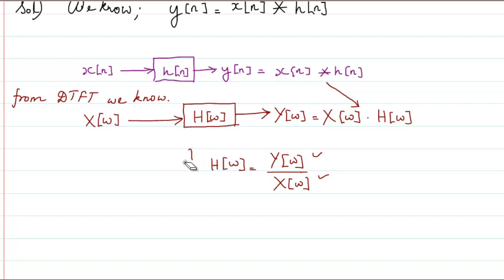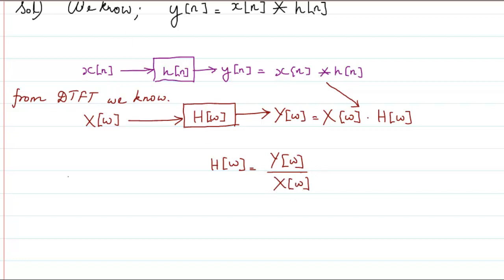Or, as it is done here, if you are given X of omega and H of omega, you can find Y of omega. Whatever the case, if you know any two of these, H of omega, X of omega, or Y of omega, you can find out the third one.